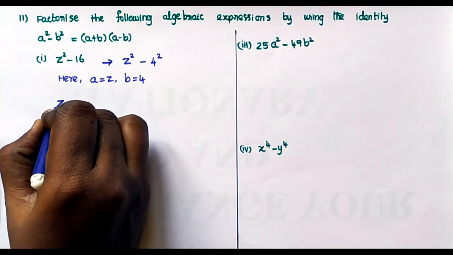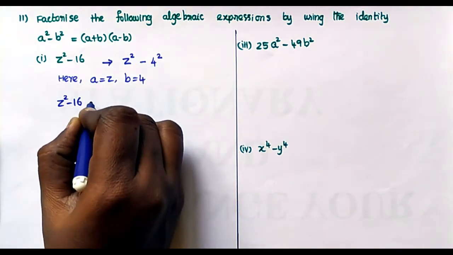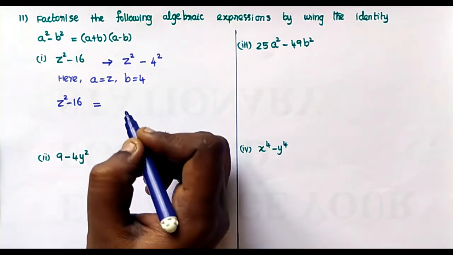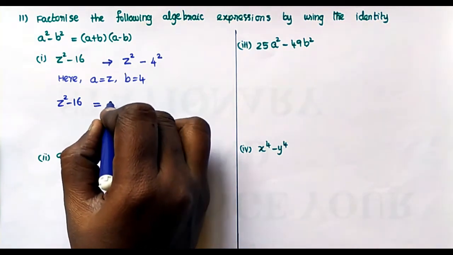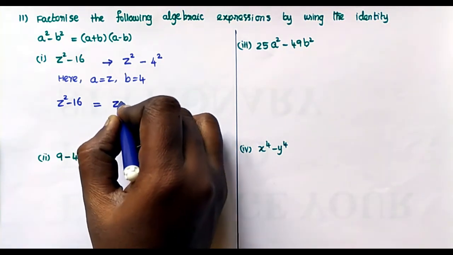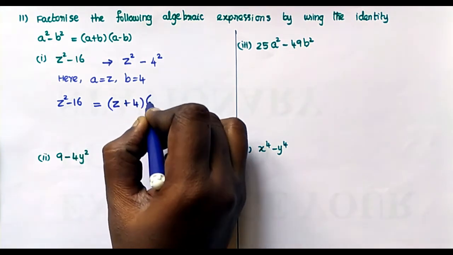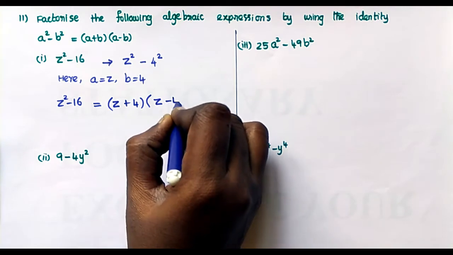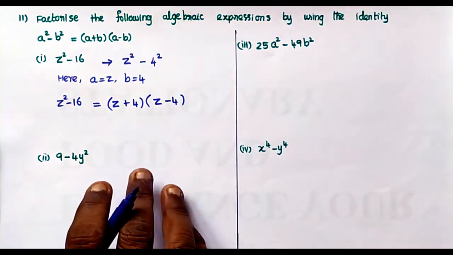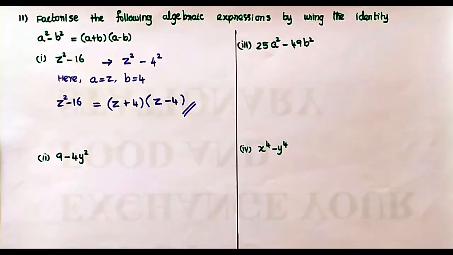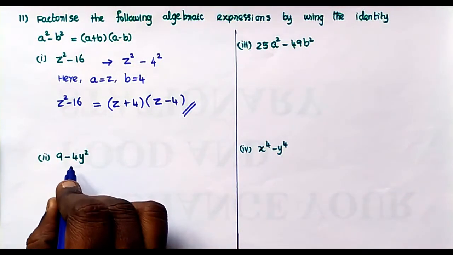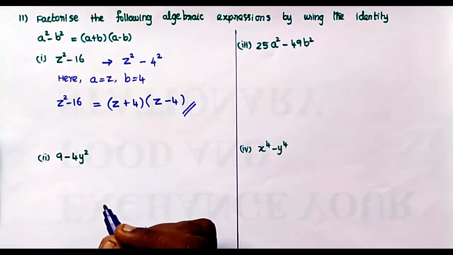Now z squared minus 16, how will you write that? Write that z plus 4 into z minus 4. That is the answer.